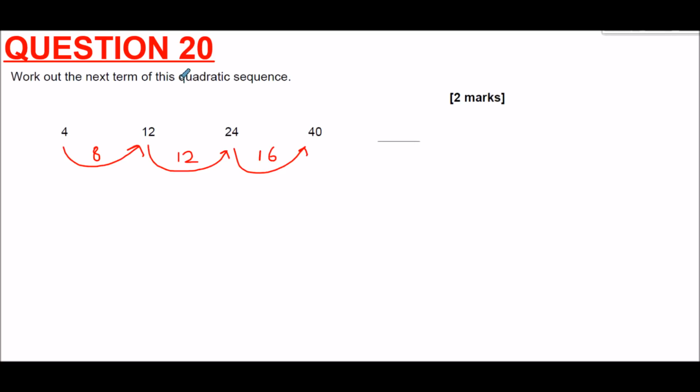So with an arithmetic sequence, like the nth term, the gaps are always the same. With a quadratic sequence, it's the gaps of the gaps which are the same. And so the difference between the gaps each time is 4. The gaps are growing by 4 each time. So 8, 12, 16.